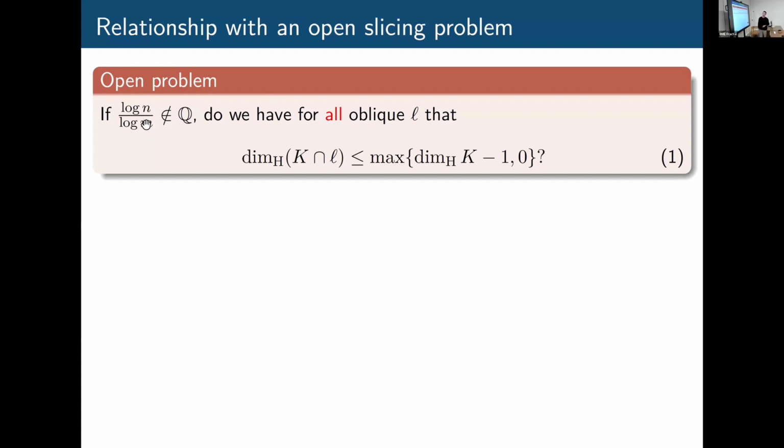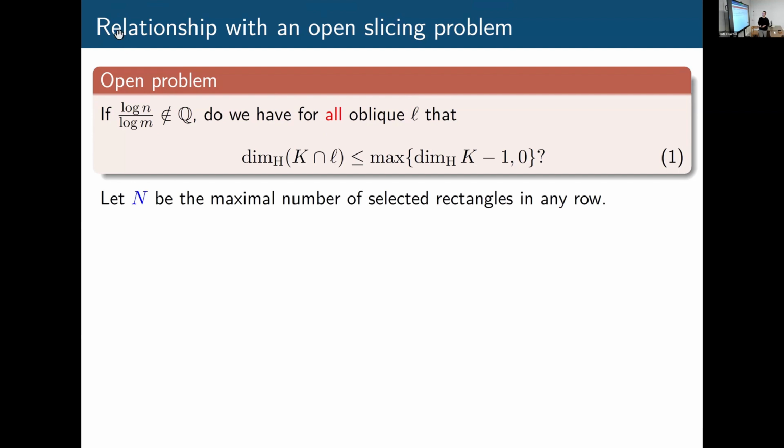The problem is: in the independent case, do all oblique slices of the carpet have Hausdorff dimension at most the maximum of the Hausdorff dimension of the carpet itself minus 1, and 0? Again, this is the value given by Marstrand's slicing theorem. And we wonder whether or not, in the independent case, all slices have such an upper bound.